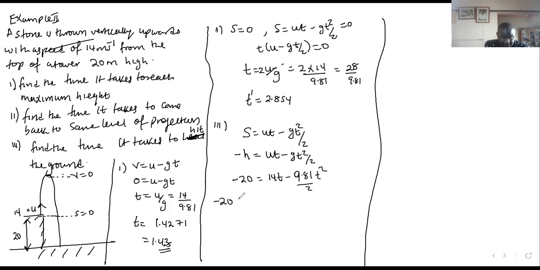Negative 20 is equal to 14t minus 4.905 t squared. So 4.905 t squared minus 14t minus 20 is equal to 0. When you press the quadratic, what do you get?